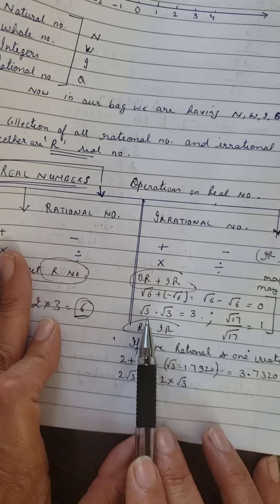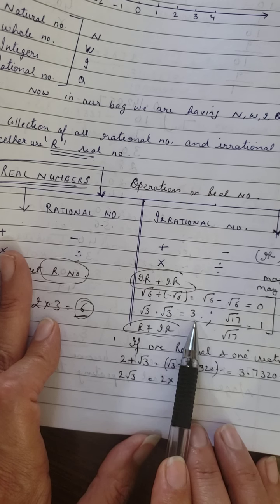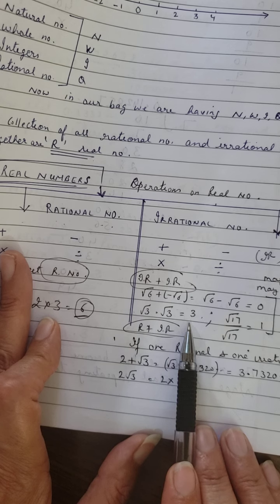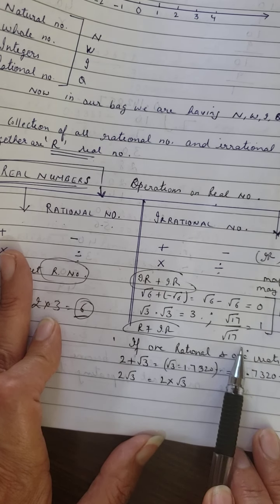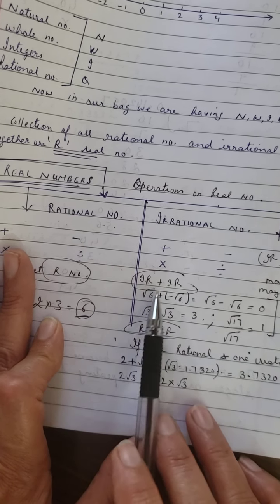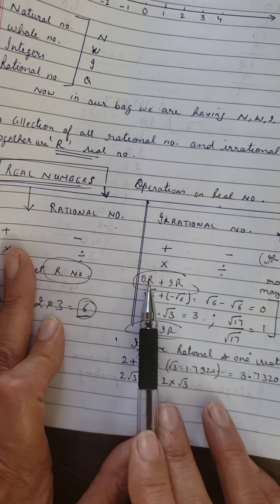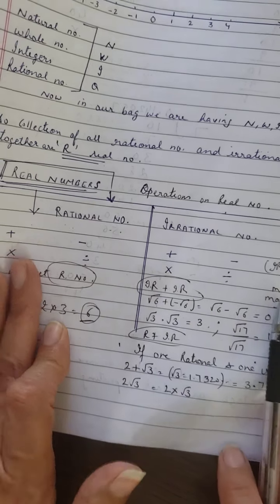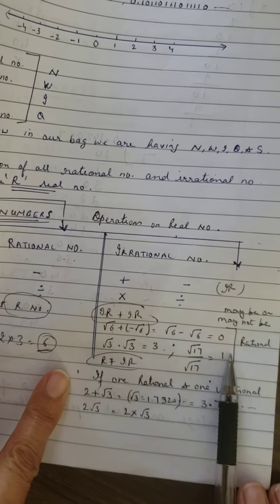One more example: under root 3 multiplied by under root 3 will give us 3. And what is 3? Again, it is not an irrational number. Under root 17 divided by under root 17 will give us 1. So this is a rational number. So if we add, subtract, multiply or divide irrational with irrational, our answer can be a rational number.